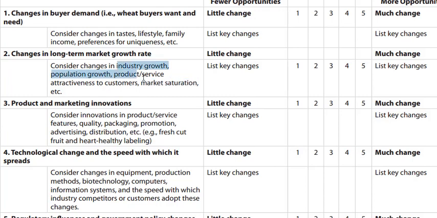All these factors communicate the changes in market growth rate. If there are little changes, that means it's less threatening. But if a lot of changes will occur, that means more threats are available to the organization in terms of long-term market growth rate.